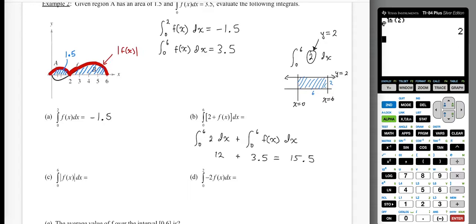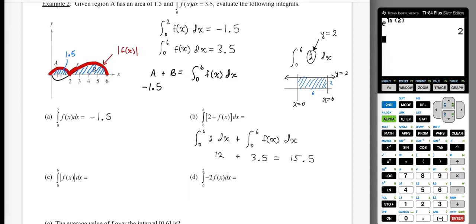But what we do know is that if we take region A and add to it region B, that would give us the integral over the interval of 0 to 6 of f of x dx. We knew that A was negative 1.5.